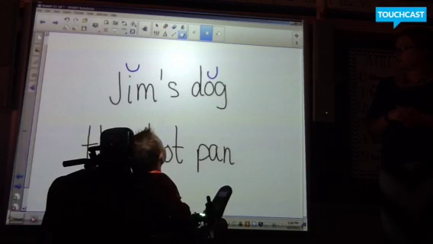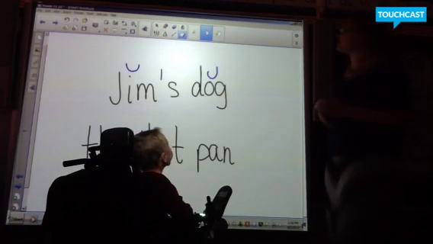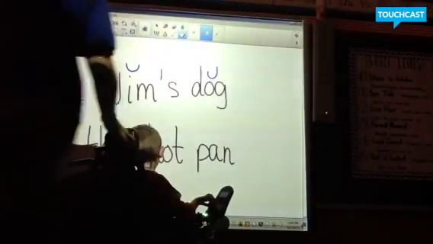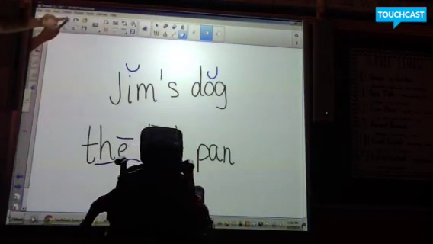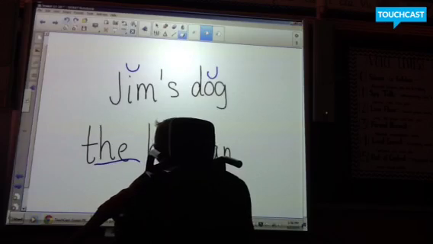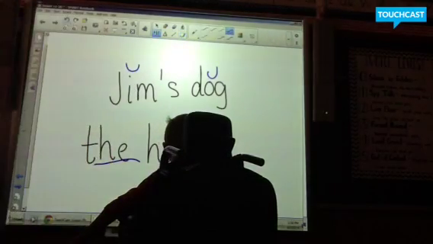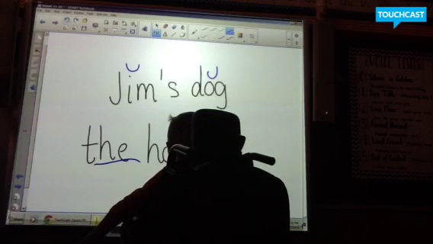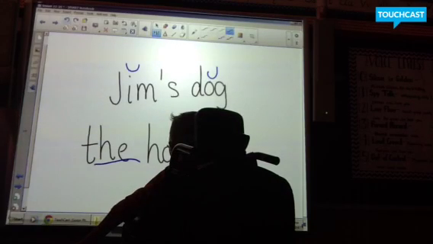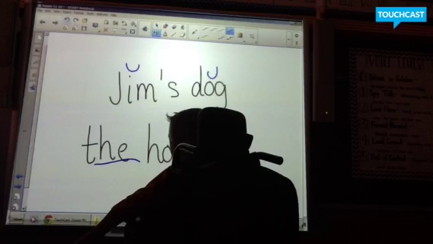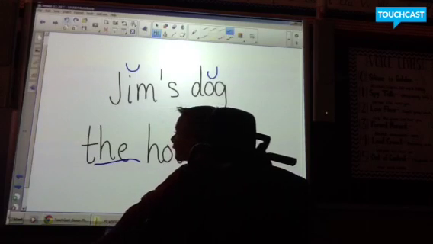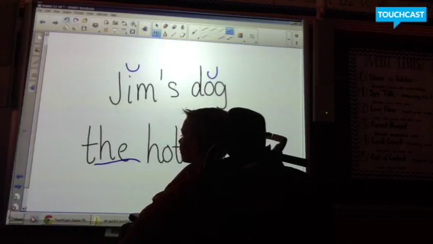I think I need the eraser smaller. Here, tell you what. What if we just do that? If we've got a letter that's not a U, but it sounds like a short U, there's a special mark we use.